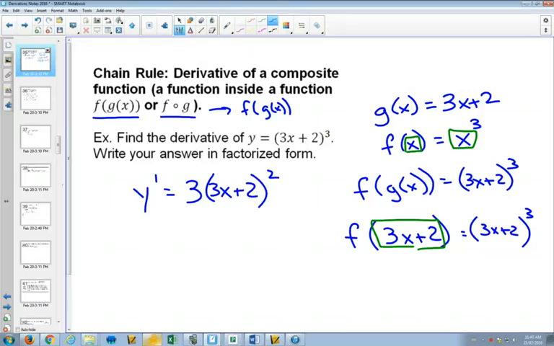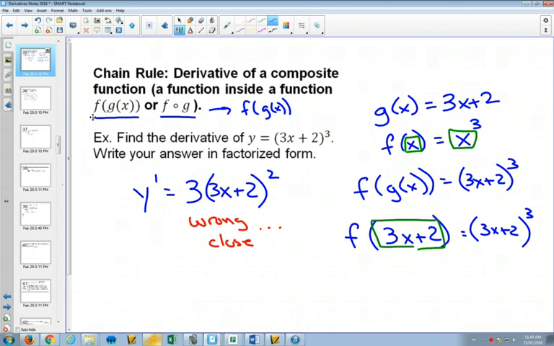Okay? Unfortunately, this is wrong, but close. But our gut says that would make sense to me. I've got my power rule. Why can't I just bring the number out in front and then subtract 1 from the exponent? It seems to be logical.